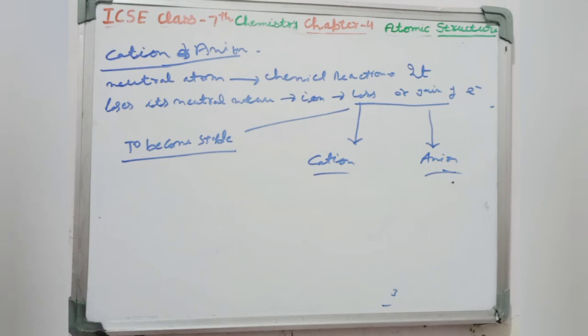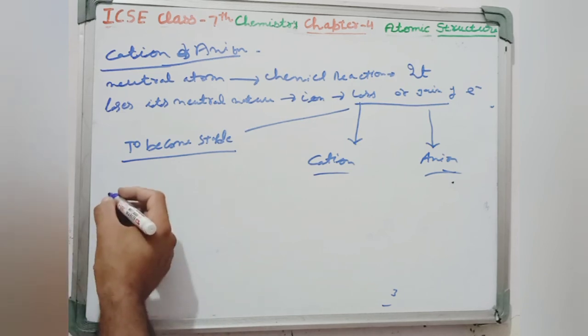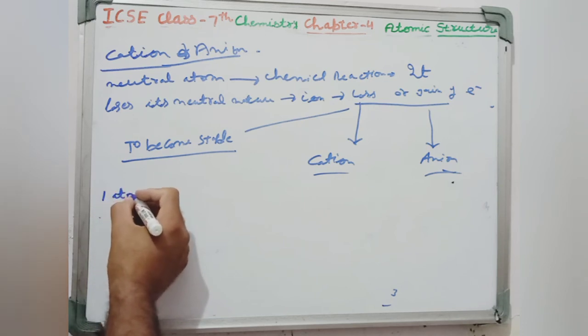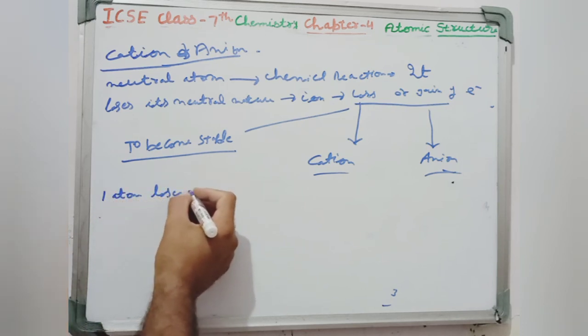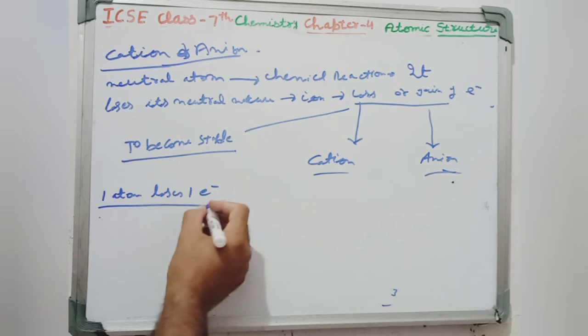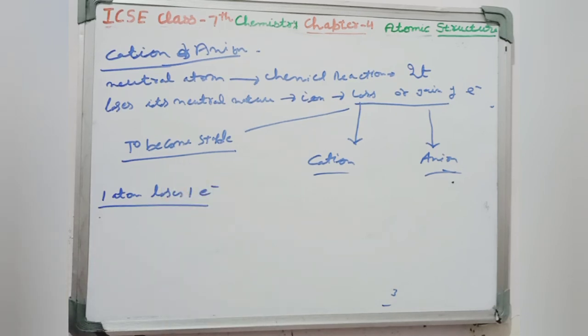Right? How? Suppose one atom loses one electron. What does it mean?